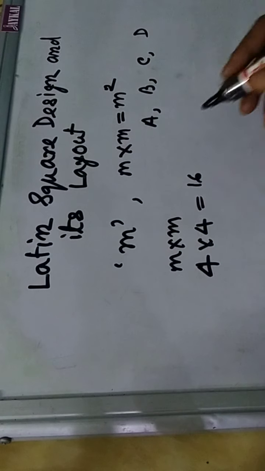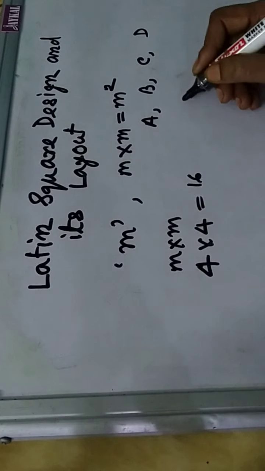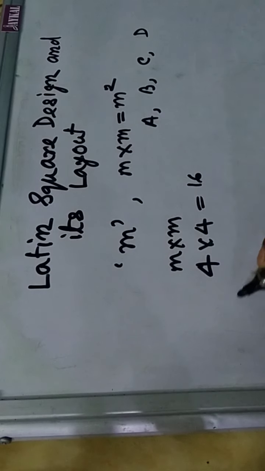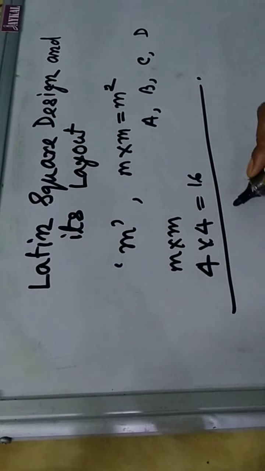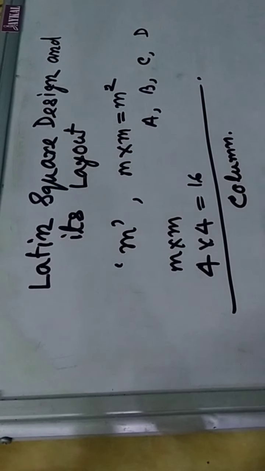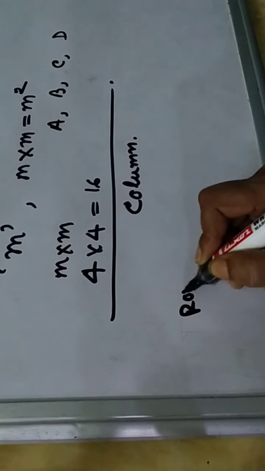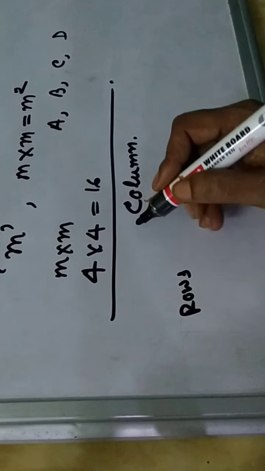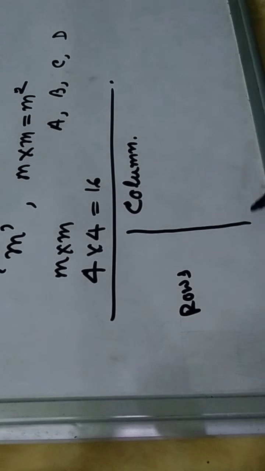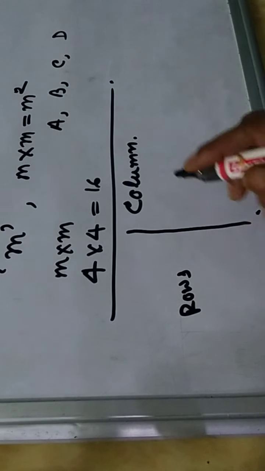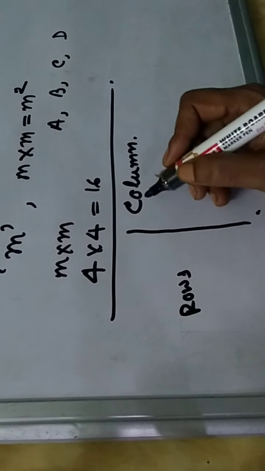here on this side columns and on this side rows, and we arrange the varieties in this way.